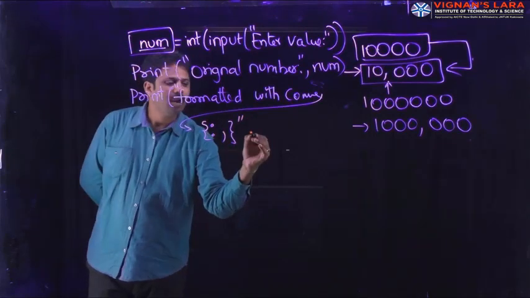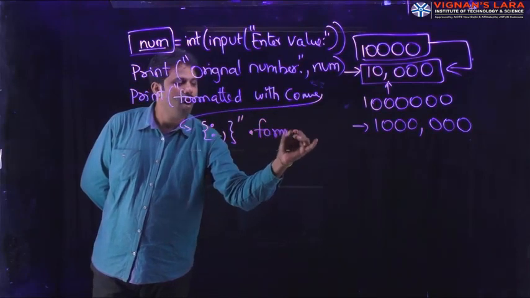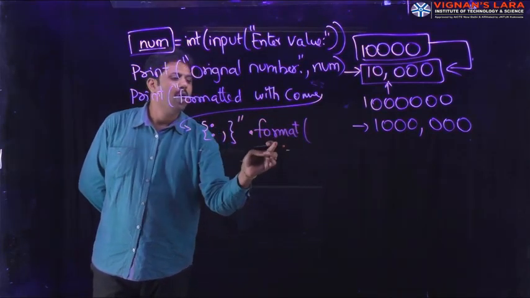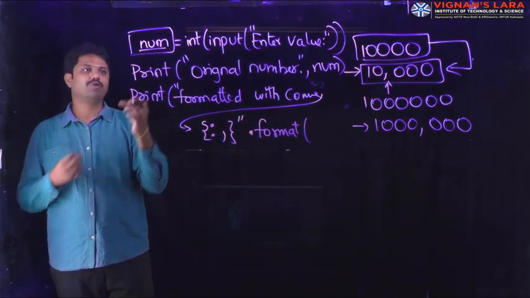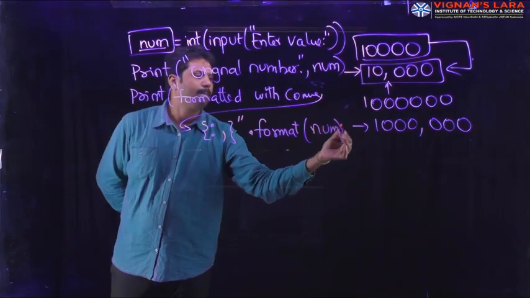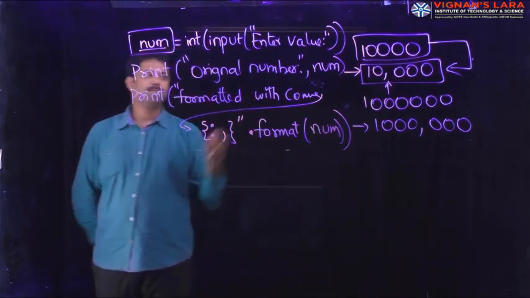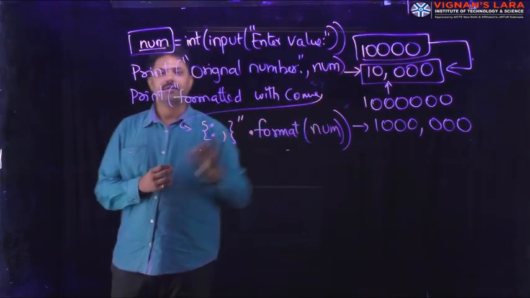And again, dot, use dot format of, and the variable in which the value is stored, num. This is the simple syntax used to represent data like this.